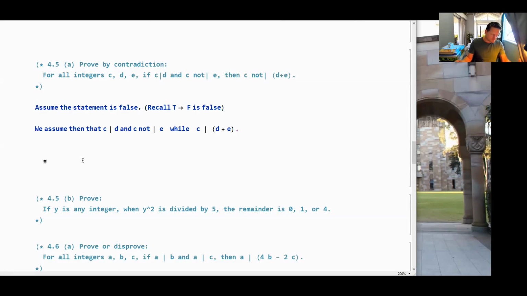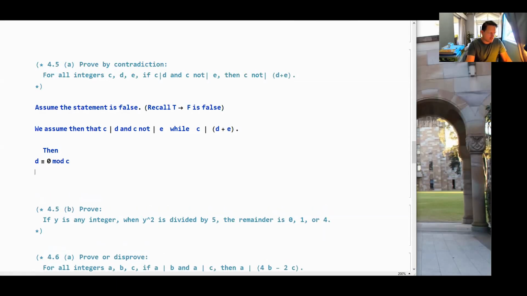Then what we're saying is, given this assumption, that d is congruent to 0 modulo c, and also d plus e is congruent to 0 mod c.